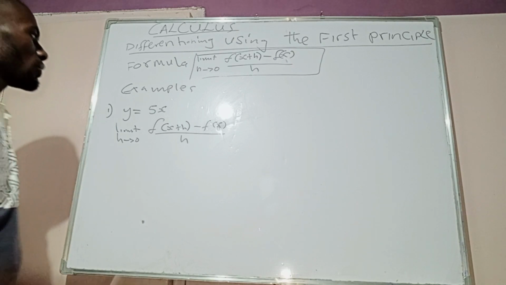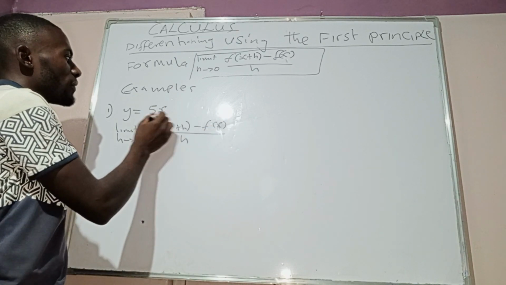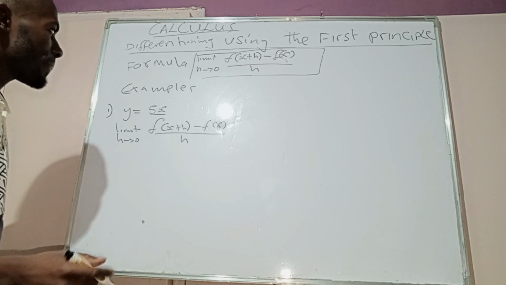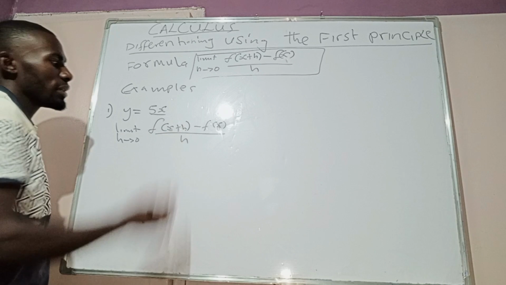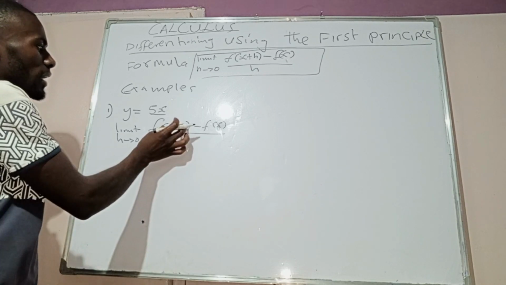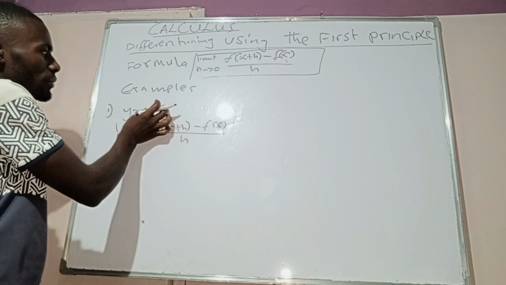So what is our f of x? Our f of x is 5x. Then this x plus h is going to be represented by that.